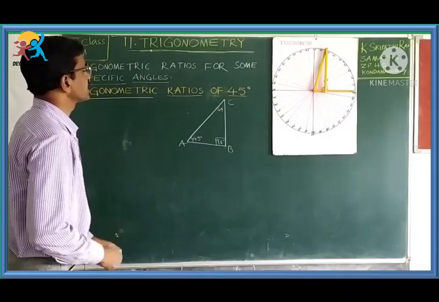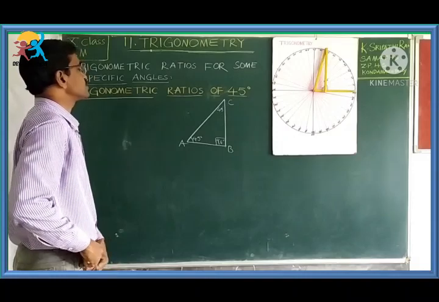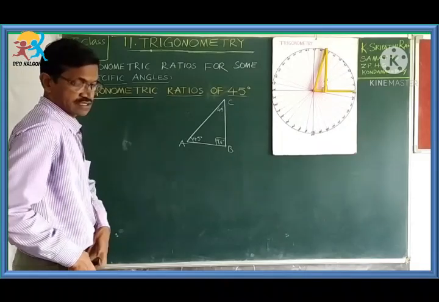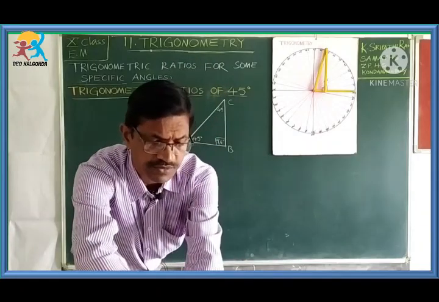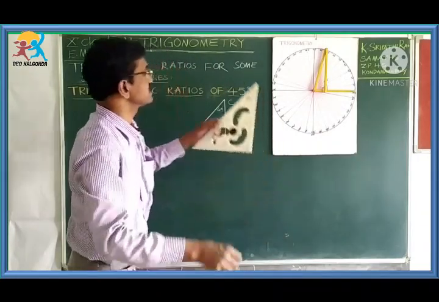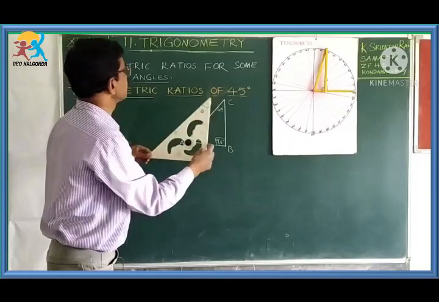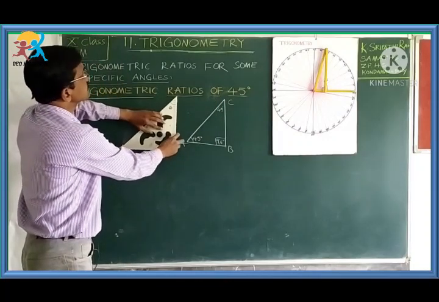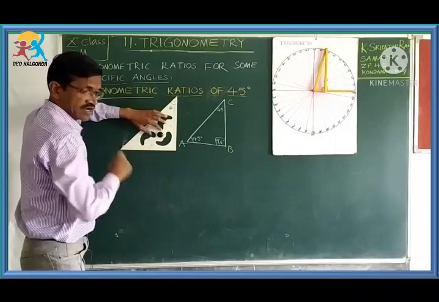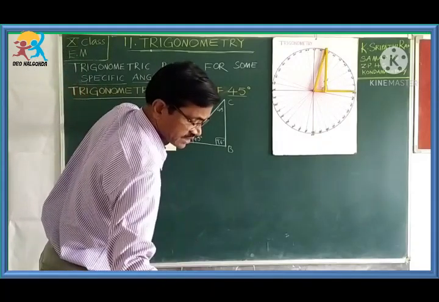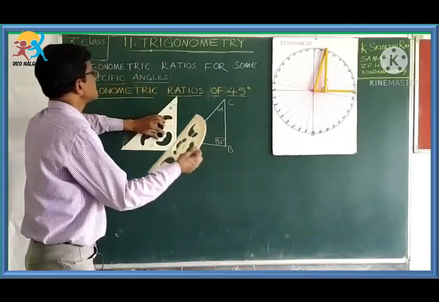So, here let us find the ratios of the sides. I will take a set square of our compass box. See here. It also resembles this same figure. Here 90 degrees, here 45 and 45. Let us check whether it is 45 degrees or not.